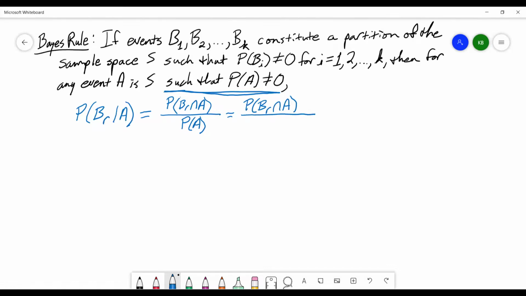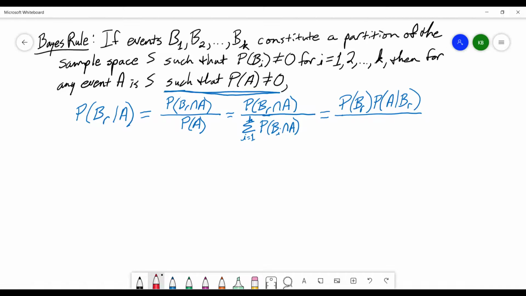divided by the sum from i equals 1 to k of the probability of B sub i intersect A. And we know from the work that we just did that the probability of our intersection can actually be written as the probability of B sub r times the probability of A given B sub r.